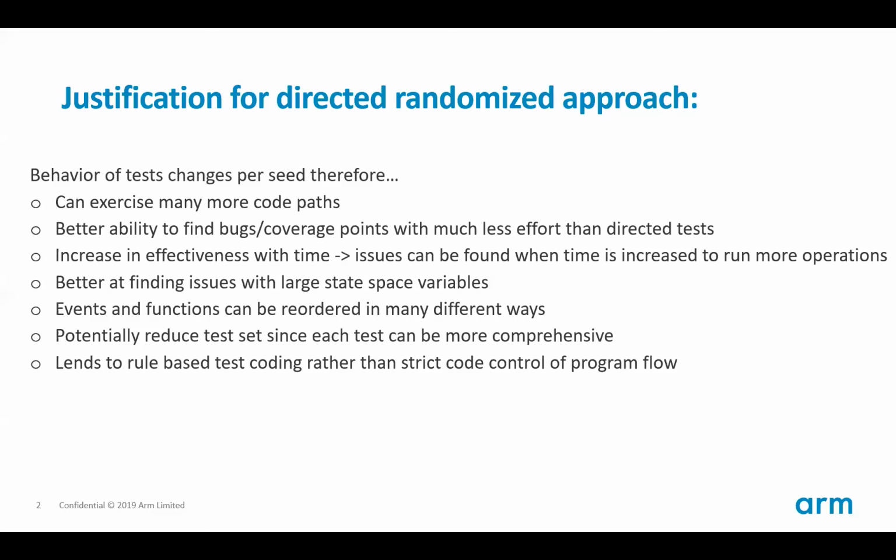The first thing I'd like to do is have a justification for the directed randomized approach. We have essentially behavior tests that will be utilized using seeds of various kinds. The first thing I would say is, you can exercise many more code paths with this type of testing. As opposed to directed tests, you try to exercise as many code paths as possible without having to write directed tests for each of those things, and possibly also think of them as well.